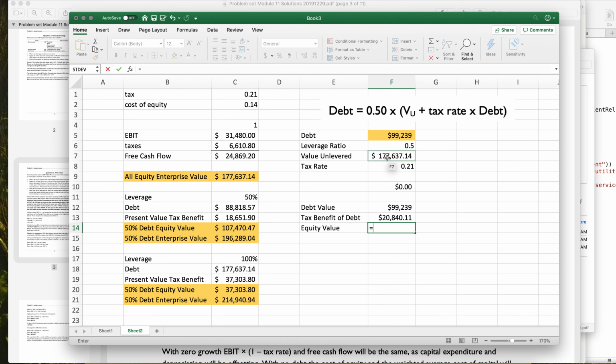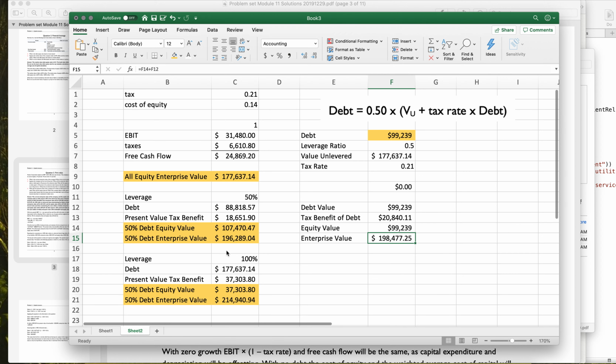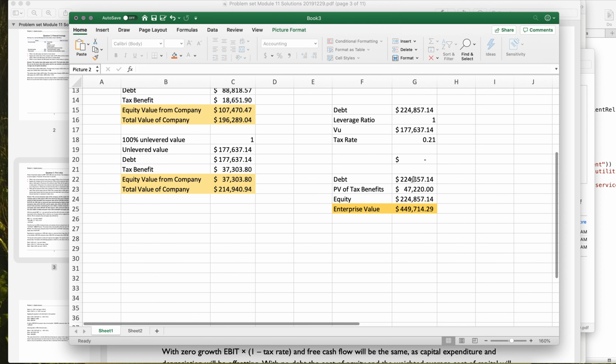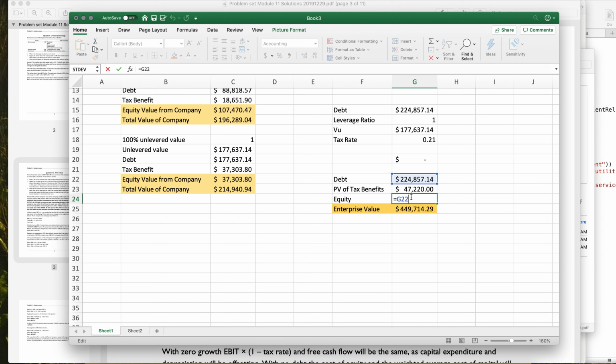It's going to be the unlevered equity value minus the debt plus... I'm sorry, this is the enterprise value. And actually, I know that's not right. It's going to be the value of the debt. And let me make sure that I calculated that correctly over here. Yeah.